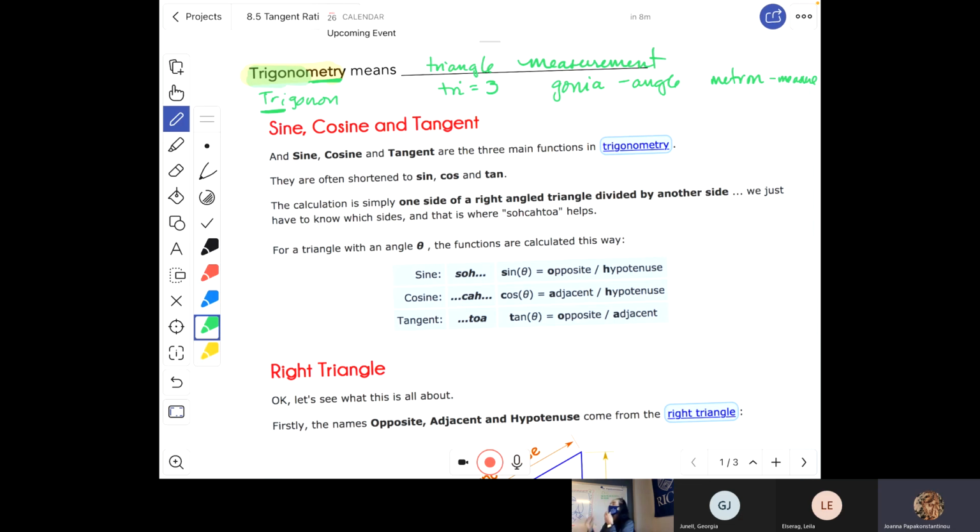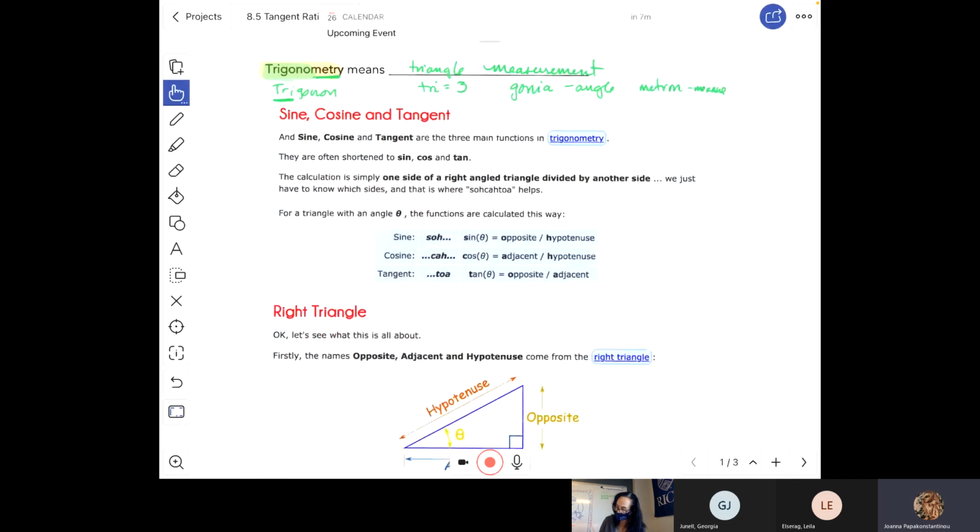Okay, that's why it's helpful to know Greek, because you can read these words and get a little understanding of it. So what we're really looking at is ways to find the measure of angles within a triangle. So we're going to focus our attention on right triangles.